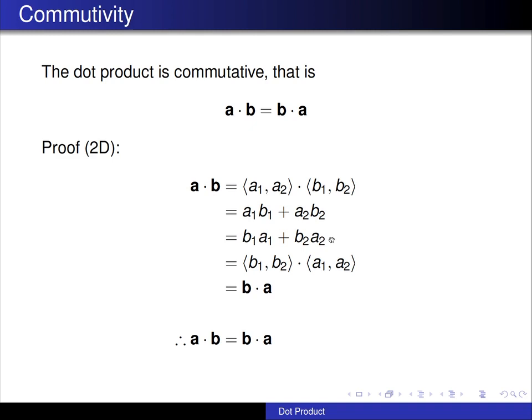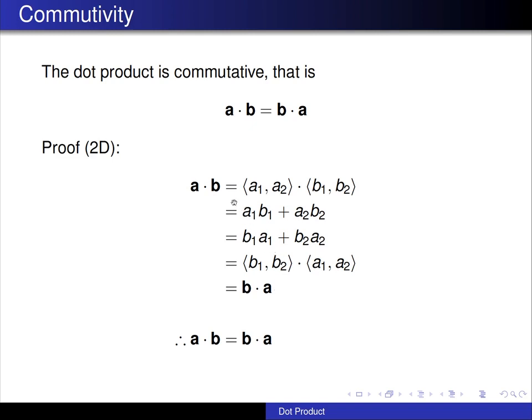Notice what I've done is take advantage of the fact that these are all real numbers, and I know real number multiplication is commutative, so I've switched the order of that real number multiplication in both of those products to put the B term first and the A term second. When it's written like that, that's what the dot product of the B vector first and then the A vector second would look like, which is, of course, B dot A.